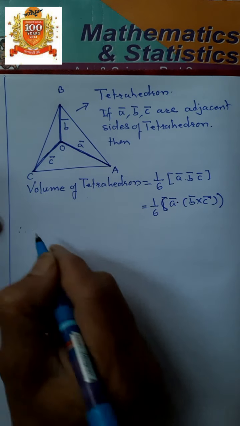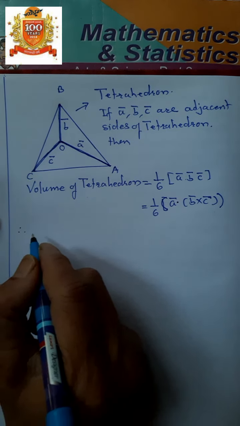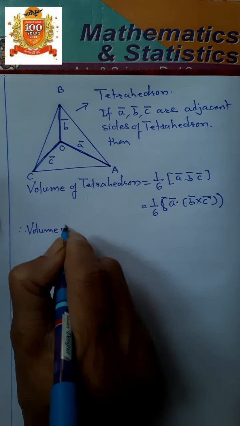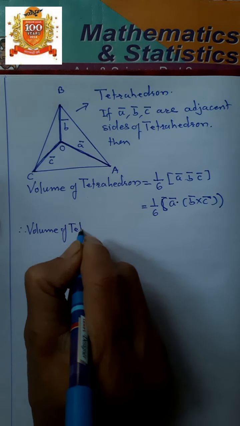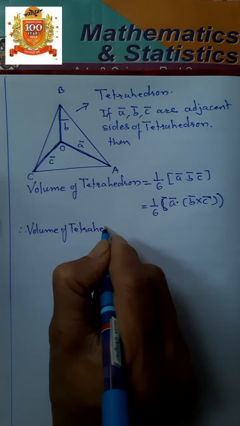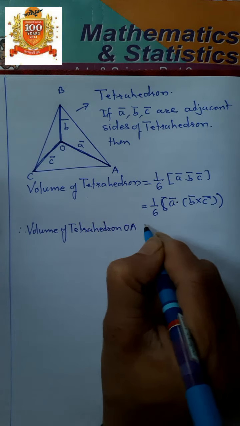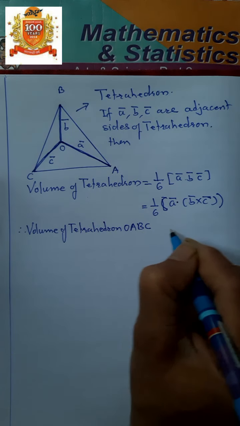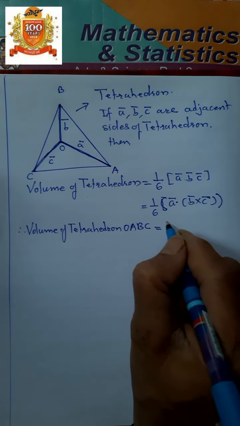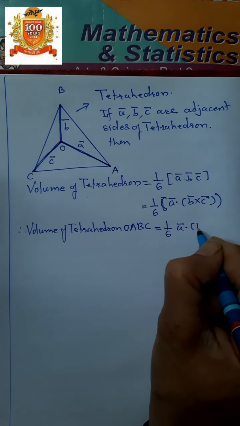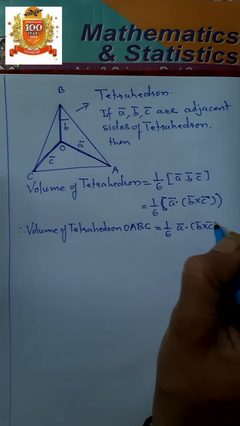Thus, volume of tetrahedron OABC is equal to 1/6 A bar dot B bar cross C bar.